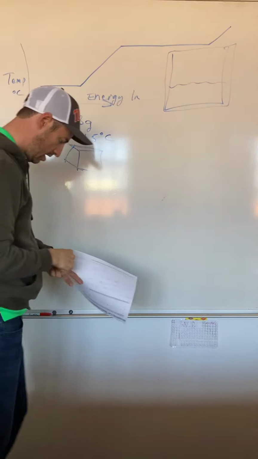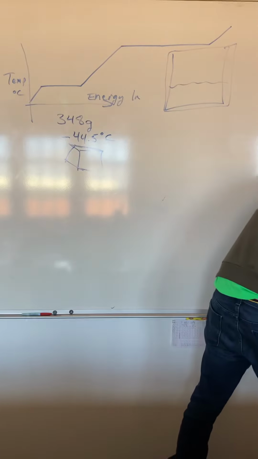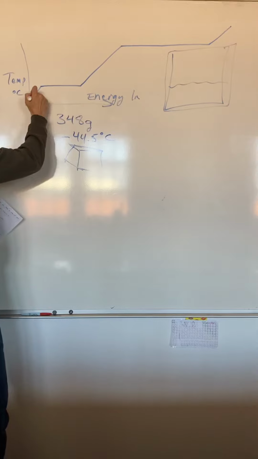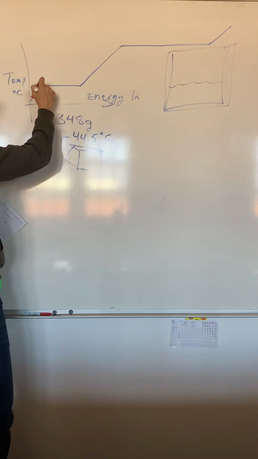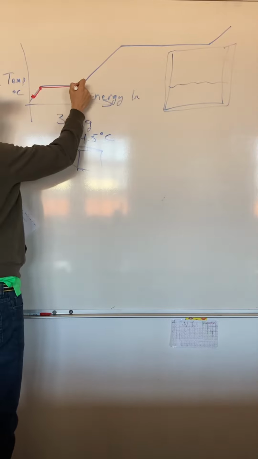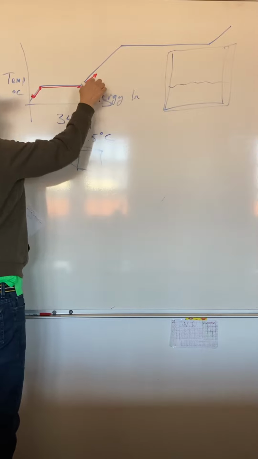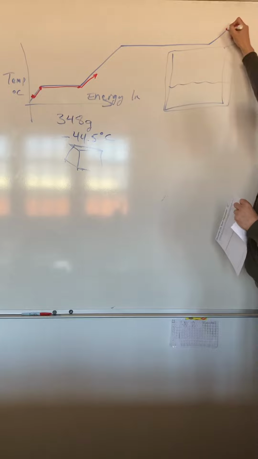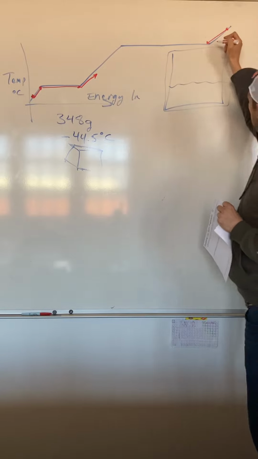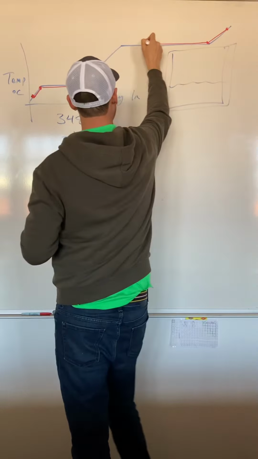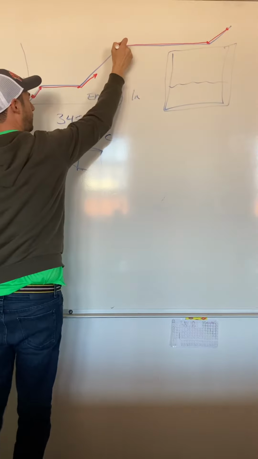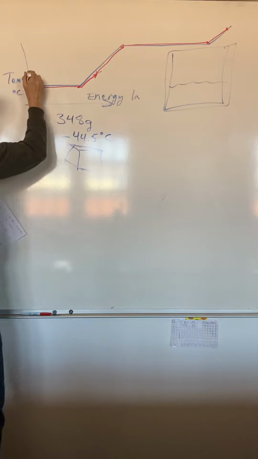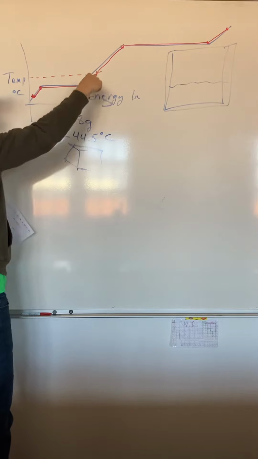The ice is going to start here, and I'm going to add energy to get it to there, add more energy to get it to there, and then finally add some amount of energy to get it to there. And the steam is going to start up here. It's going to lose energy to get it to there, lose energy to get it all the way to there, and then finally lose some amount of energy to get it to there. And what we want to know is, what is that temperature?